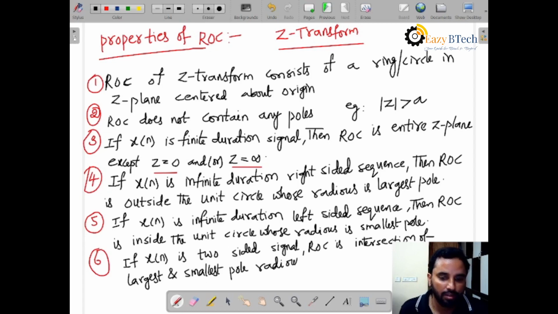So whenever you have a two-sided signal, then the ROC is the common region of the largest pole and smallest pole ROC, intersection.